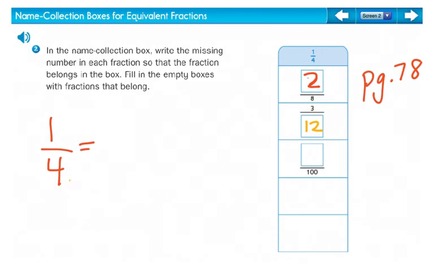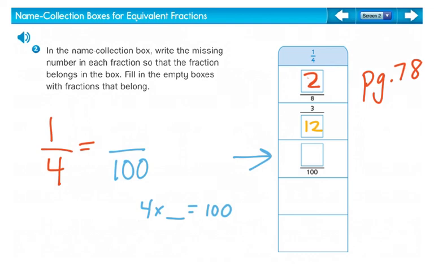Let's try another one together. This time, they give us a denominator of 100. Now think of money for a minute. Think of quarters. I need 4 of them to make $1. In other words, 4 times what would give me 100?